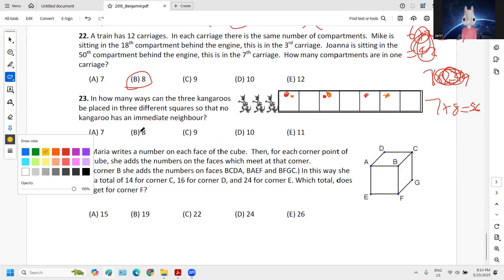And now yellow for here, here, and here. So now it would be green.